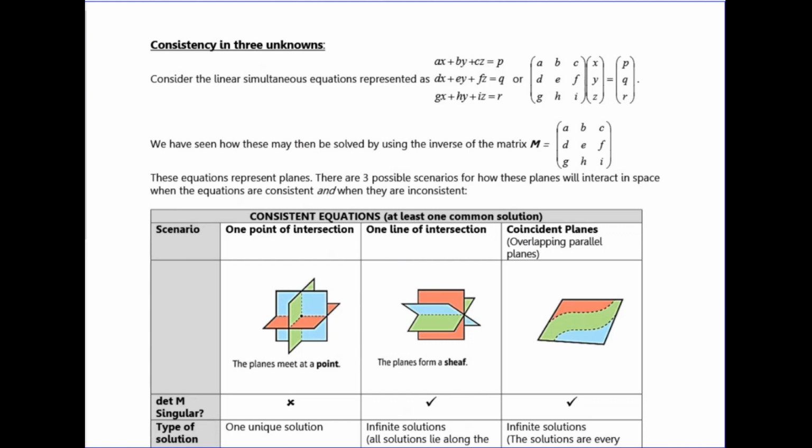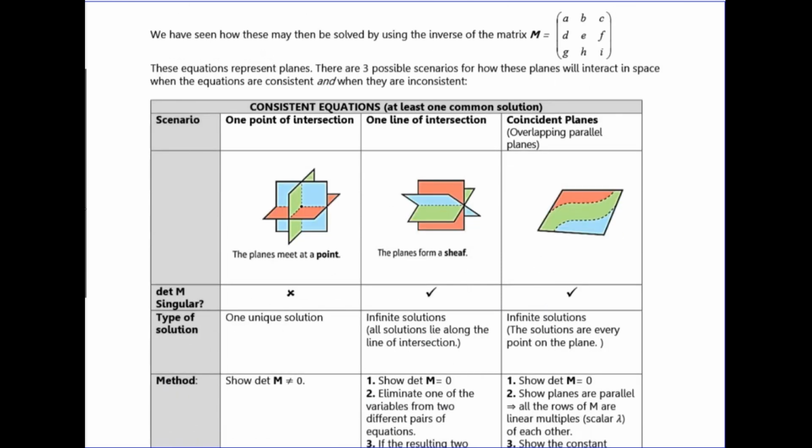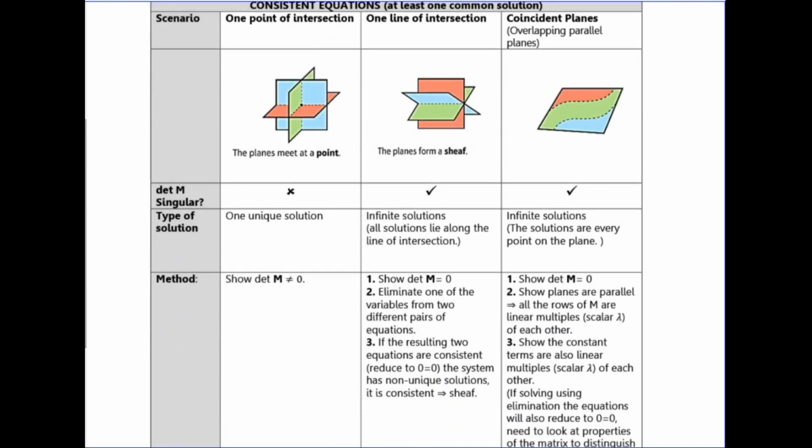You can obviously turn this into a matrix equation with a 3 by 3 matrix. And same thing again, you start out by working out the determinant of this matrix and see whether it's 0 or not. If it's not 0, then that means that you can solve this and there is a unique solution. Okay, so again, if the determinant of your matrix is not 0, that just means there is a unique solution.